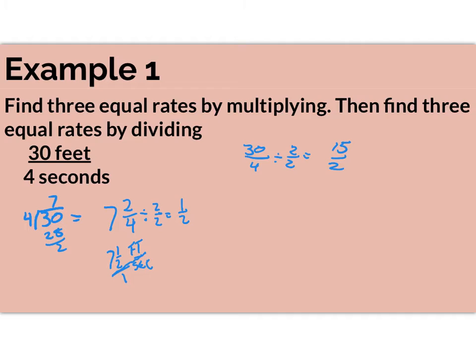We could divide by like 3 or 5 or something like that, and that would give us fractions in both the numerator and the denominator. So I'm going to cheat here. I'm going to do 30 over 4 and divide by 1 over 1, and I get the same fraction. So that's example 1.